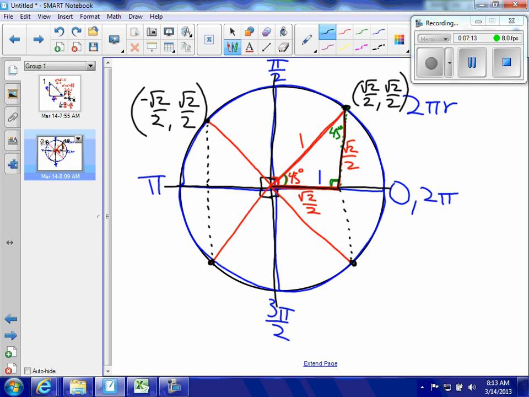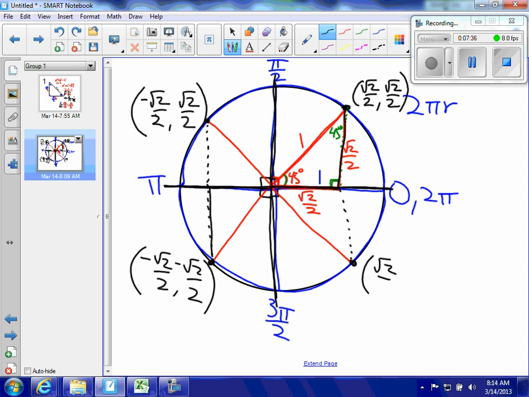And these distances here, right there and right there, are also radical 2 over 2, except because I have my xy axis right here, these are both negative. And same over here. Radical 2 over 2, radical 2 over 2. My x value here is positive, but my y value here is negative. So those are the points how I would label them on the coordinate plane.